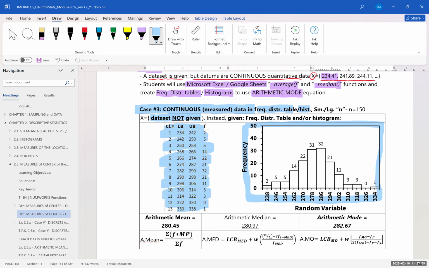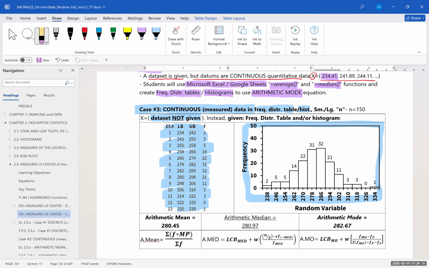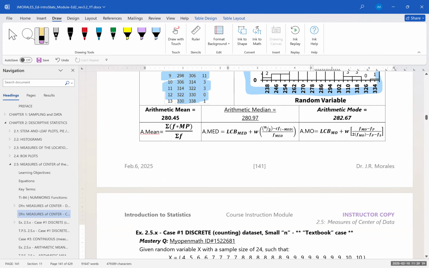And I just call these the arithmetic mean, the arithmetic median, and the arithmetic mode. You can see that these formulas are a little bit bigger than the ones that you saw for discrete data sets. And please try not to be intimidated by these equations. A lot of the values, what these represent, you can just see in the picture. So don't be intimidated by that just yet. I'll get into that and I will explain it in a minute.